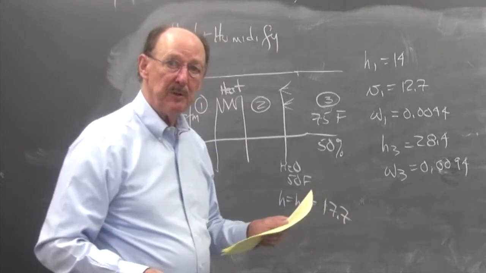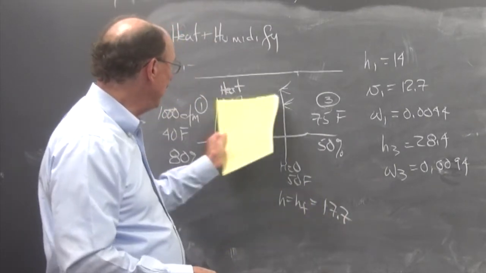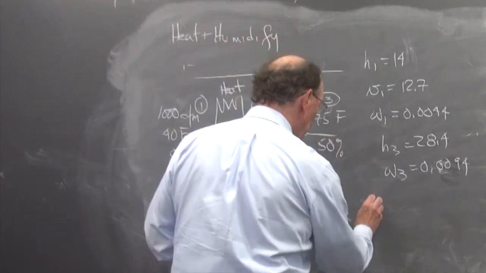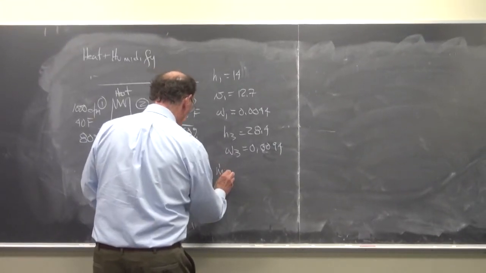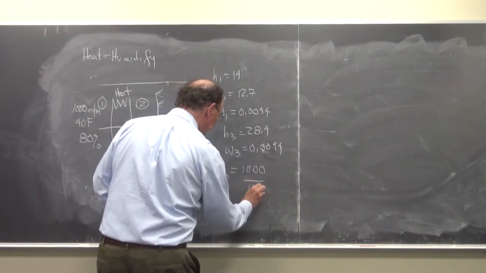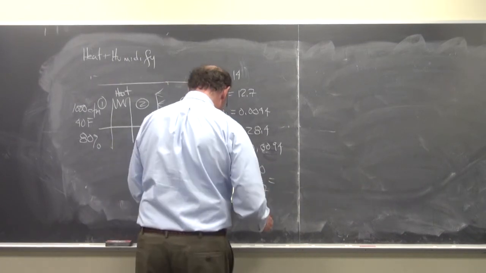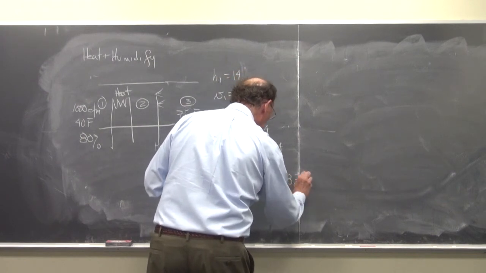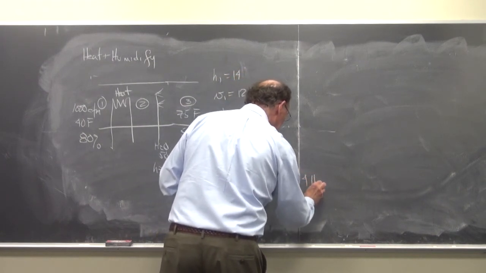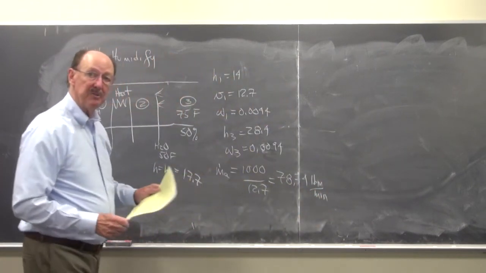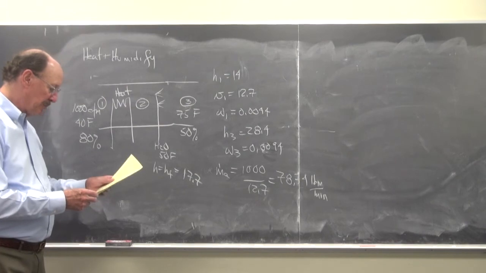And so the first thing I want to do is find the mass flow rate. We'll do a first law analysis and all that sort of stuff. So the mass flow rate of the air is equal to 1,000 divided by the specific volume 12.7, which is 78.74 pounds mass per minute.